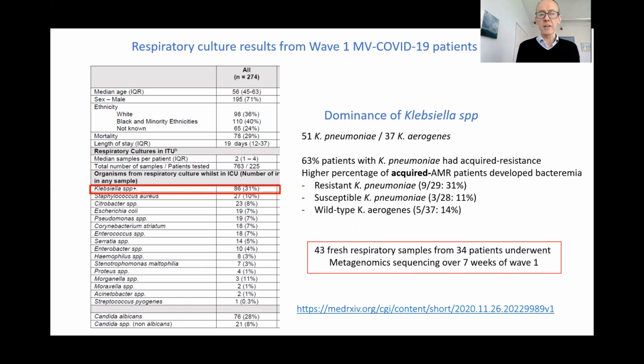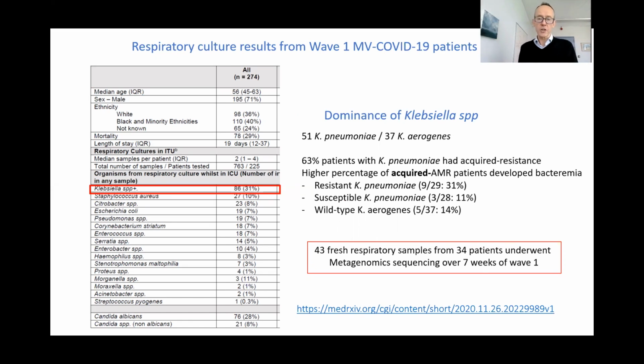Nevertheless, Klebsiella pneumoniae did stand out as the most dominant organism. And 63% in our study had some kind of acquired resistance during that patient's stay. And interestingly, the bugs, the Klebsiellas with the acquired resistance were more likely to get into the blood and cause bloodstream infections. In fact, 3 times more likely than susceptible Klebsiella pneumoniae, and also wild-type Klebsiella.